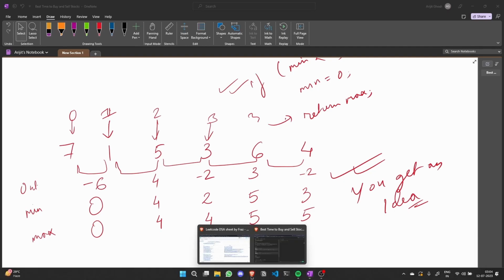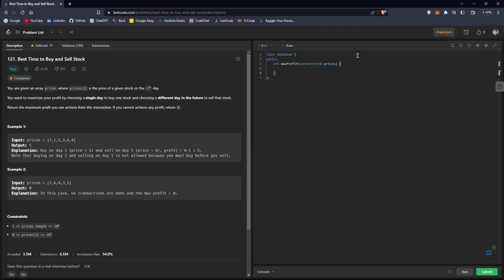Now I would show you how to code it. We will write int min and initialize it to 0. Then int max, and initialize it to 0 too. Then we run a for loop, int i equals 0 and i less than prices.size, and then i plus plus.